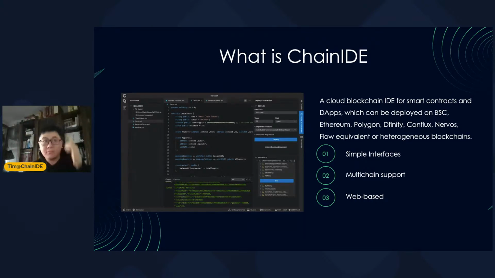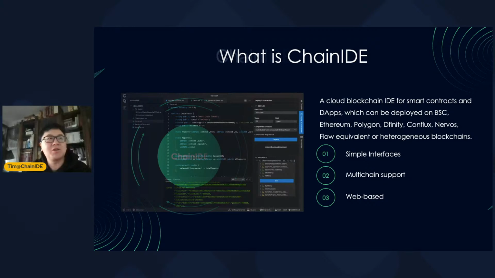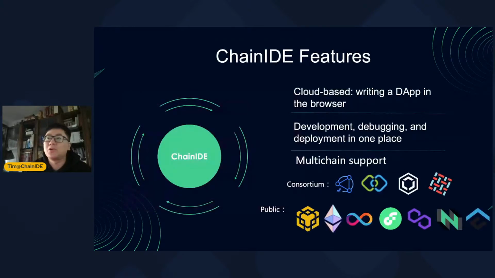These are the supported blockchains. For the consortium chains, we also provide a private cloud-based ChainIDE for these kinds of private blockchains. We support Ant Chain, the blockchain provided by Ant Finance, and also Hyperledger Fabric, another well-known consortium blockchain.